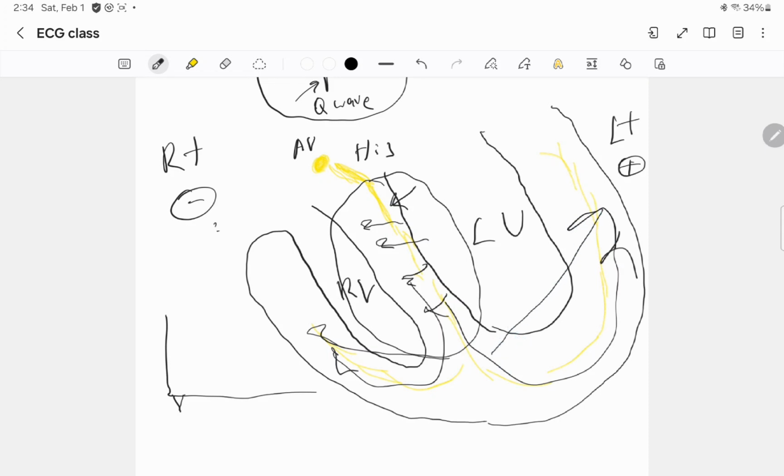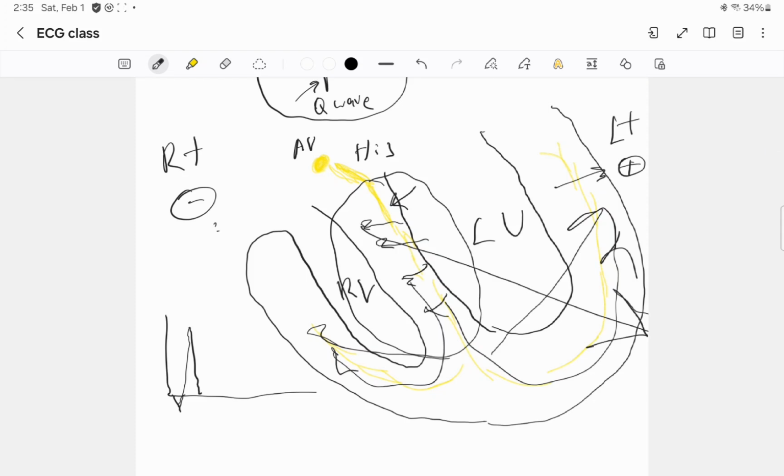But because the left ventricle is a much larger mass of tissue, when both of these vectors are summated and you get an average vector, it will be going more towards the left. That's why, if you're looking in lead 1, on the left hand side, the vector will be going towards lead 1, so you'll get a nice R wave like that.